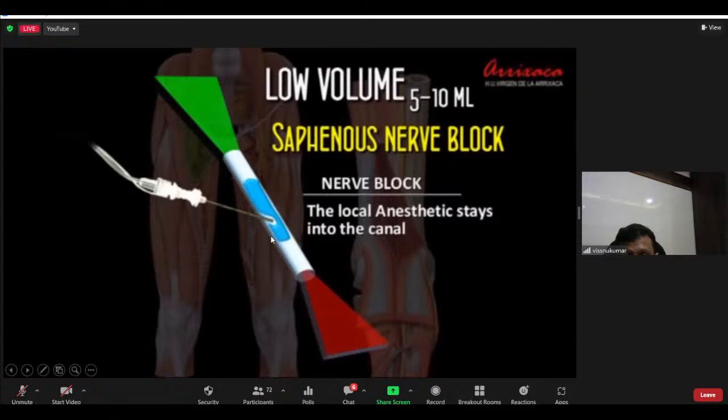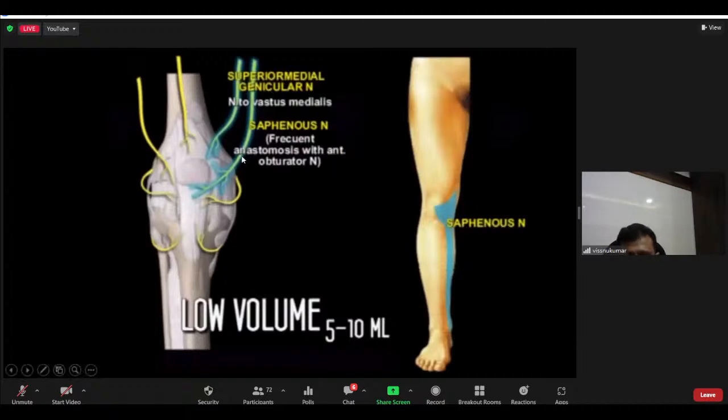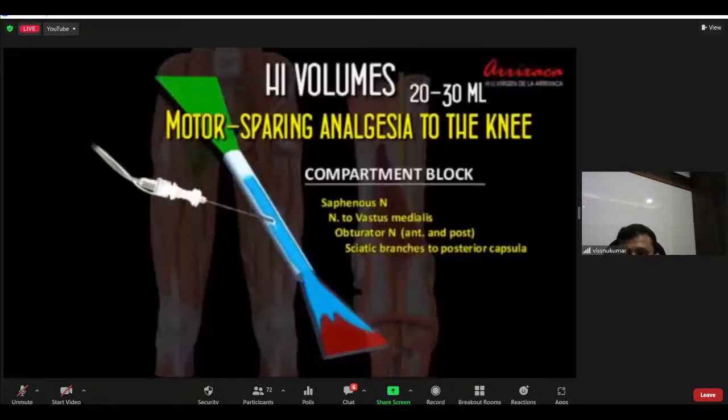And as I told you, two nerves, especially the saphenous nerve and the nerve to vastus medialis, will be blocked. That is only 2 branches out of the 12 that we discussed, and it provides anesthesia to the medial leg and the medial portion of the ankle. So when we give only a saphenous nerve block, it causes only about 10 to 20% of the pain relief.